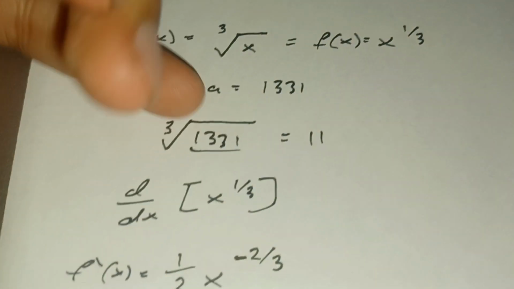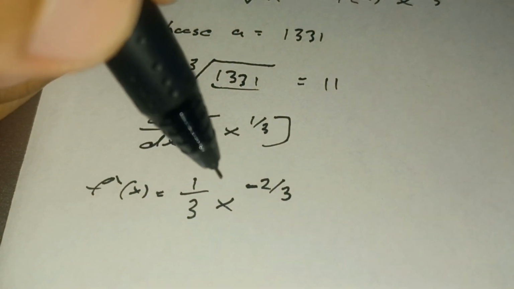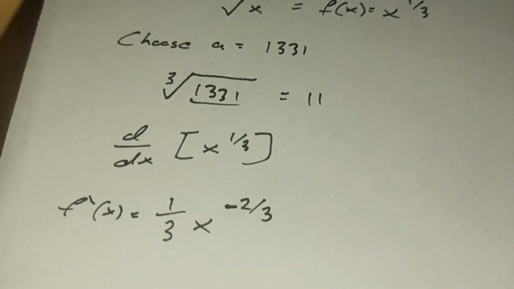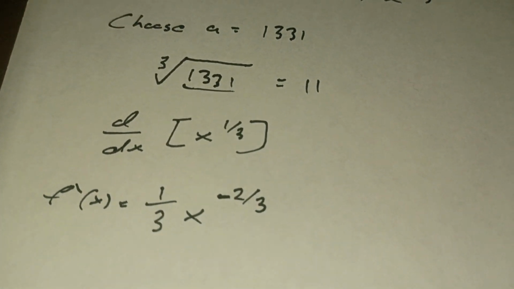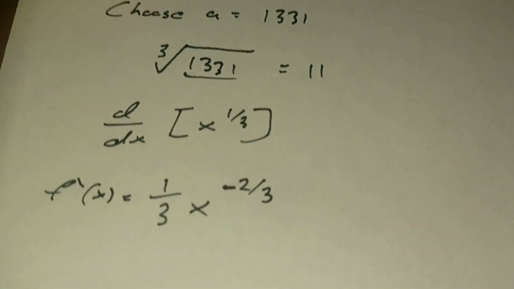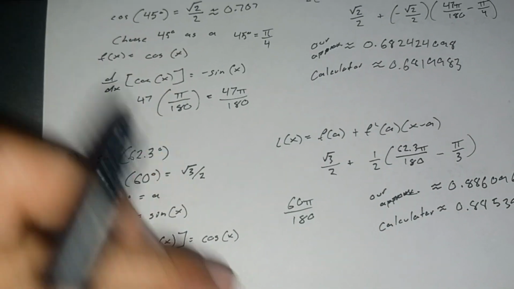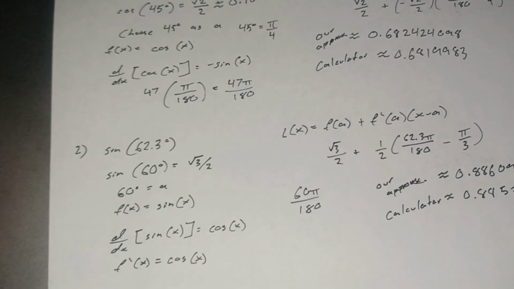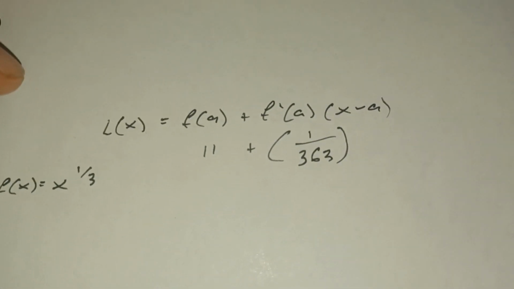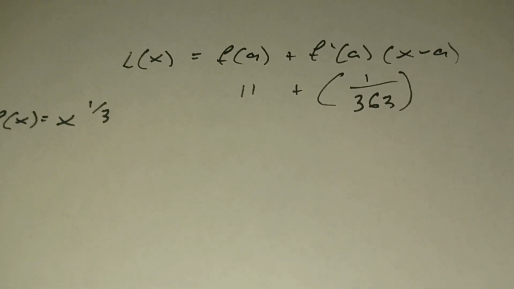If you put a in where x is, this can be changed into an a. I kind of forgot to change these into an a, but it doesn't matter, as long as you get the idea, as long as you know where I'm getting these values from and what I'm doing.